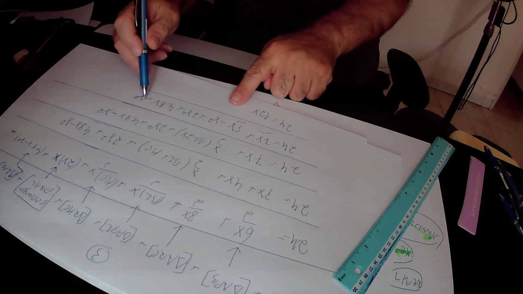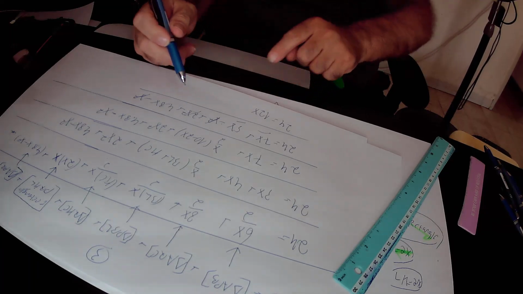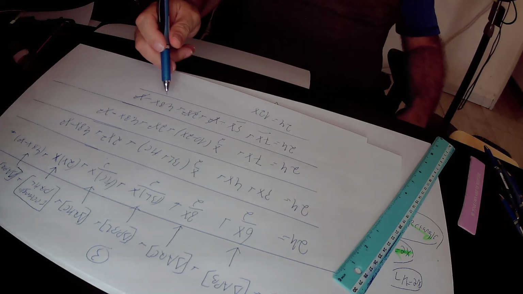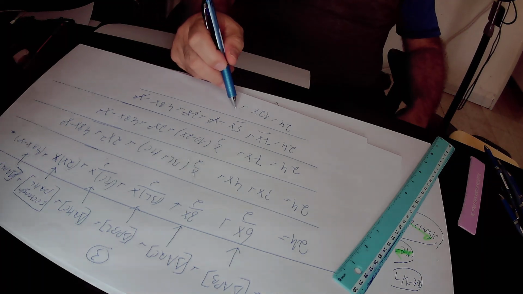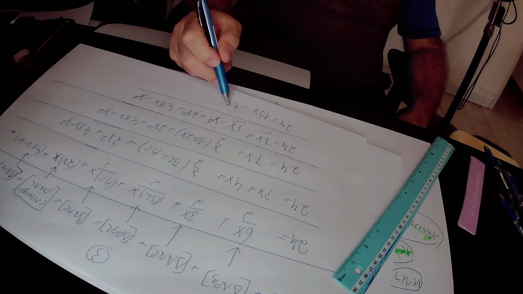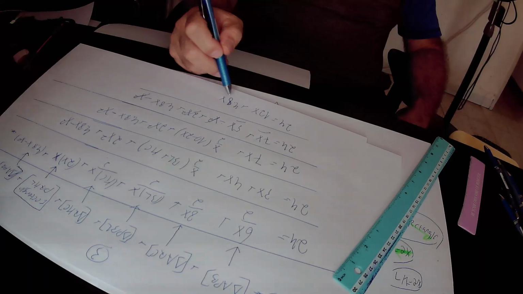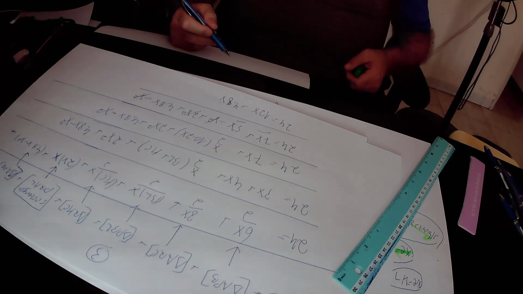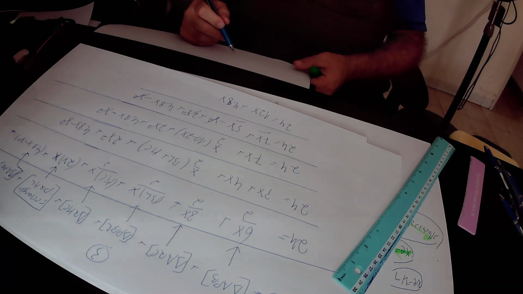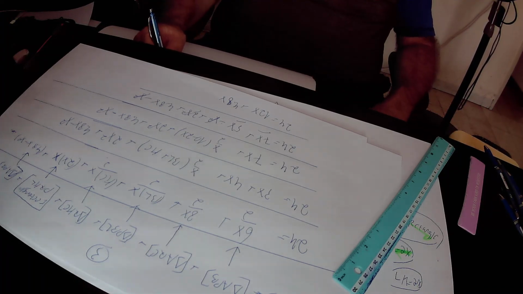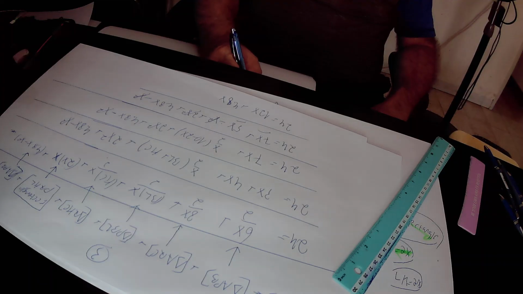So those two expressions get cancelled, and we are left only with 4.8x. So we found out that 24 equals 12x plus 4.8x.